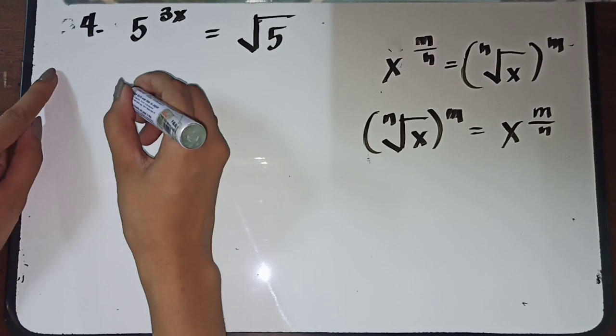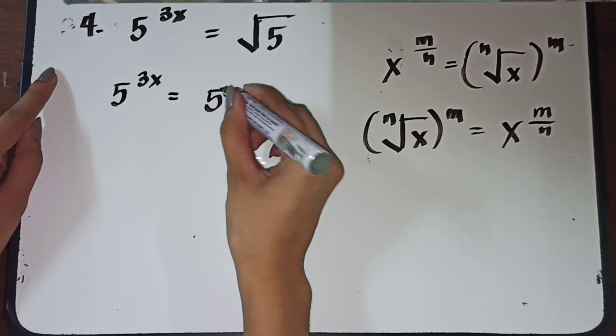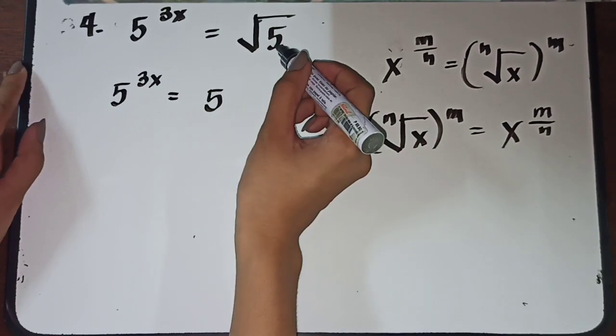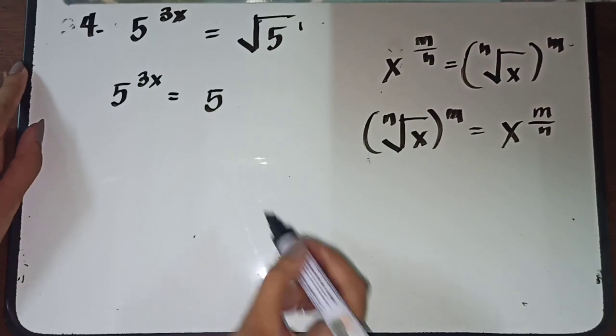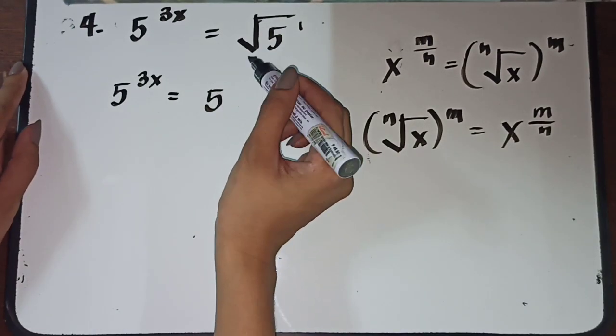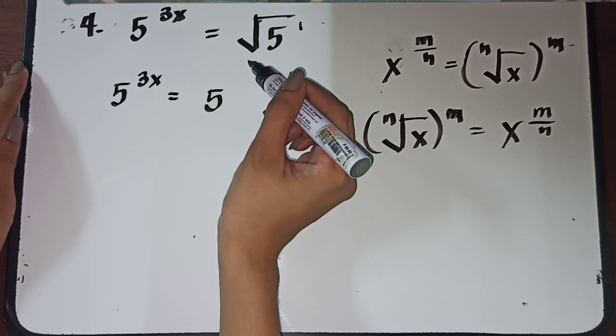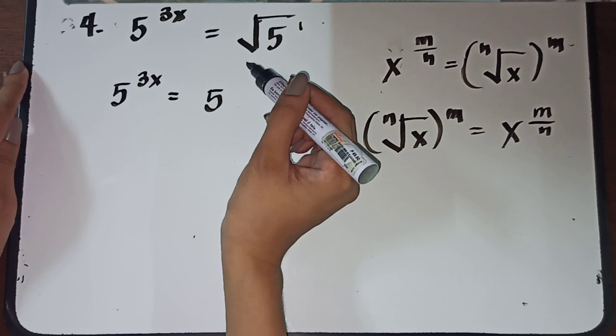So, we have 5 raised to 3x is equal to 5. Okay, ano yung exponent ni 5? So, we have 1. Okay, etong square root. Di ba ang square root natin, the index is 2. Ang cube root natin, the index is 3. Okay, ang fourth root natin, the index is 4.